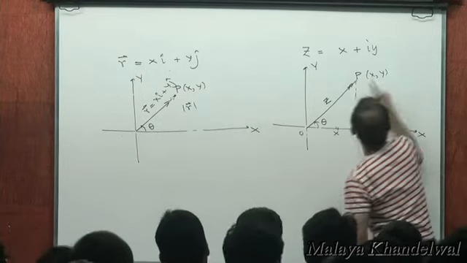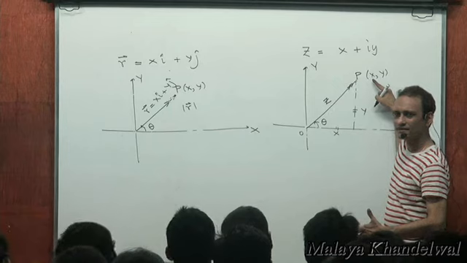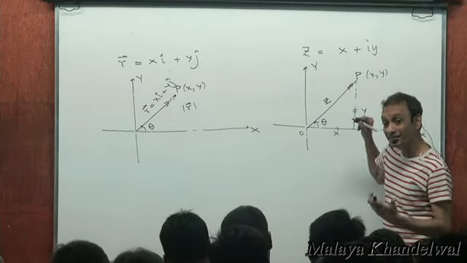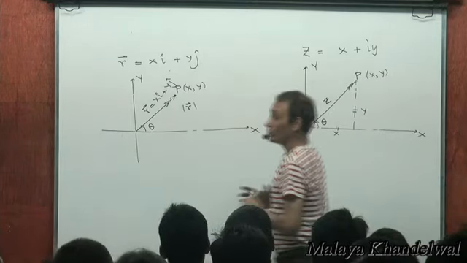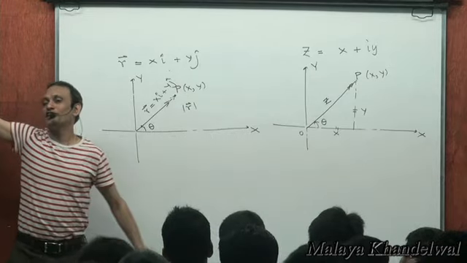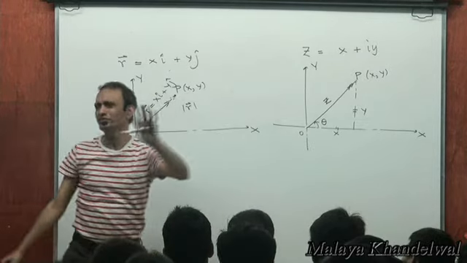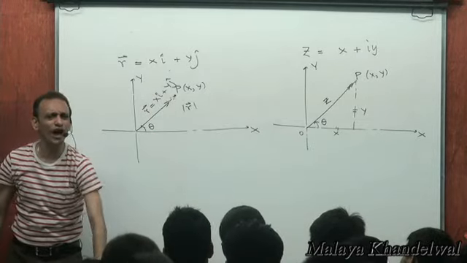In this case also, tan theta would be y by x. Do you understand? So can I not be conclusive about the fact that Z is a substitute for R? Yes or no?